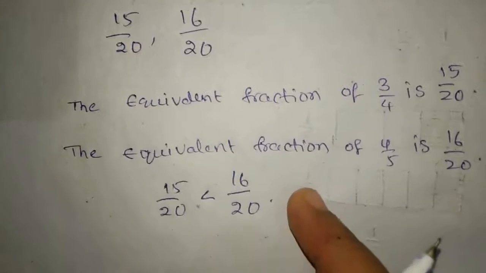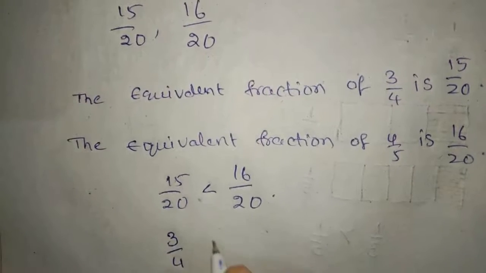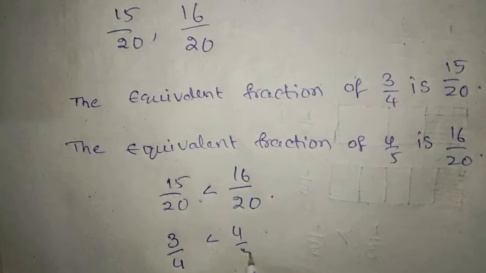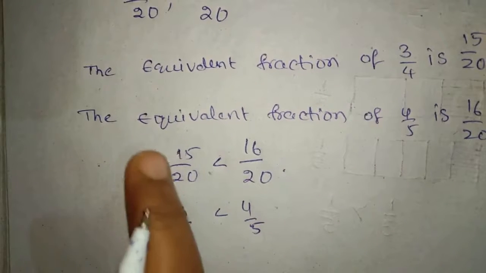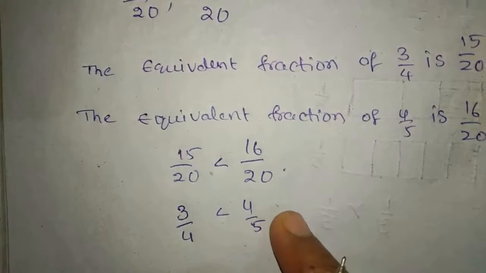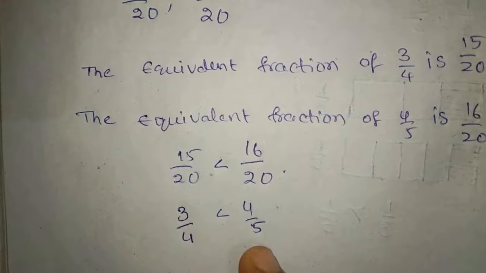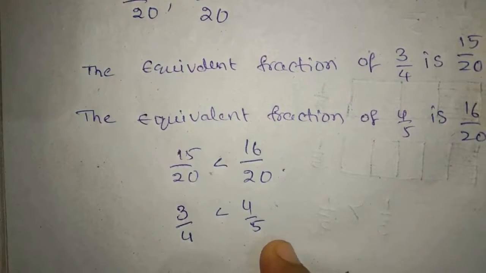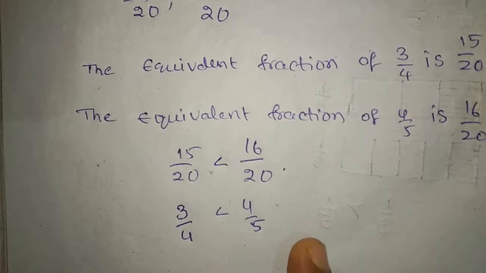And here also we can write 3 by 4 is less than 4 by 5. Why? Because these are two equivalent fractions and these are two equivalent fractions. So 3 by 4 is less than 4 by 5. Okay, so in this way, by finding the equivalent fractions of the given fractions, we can compare two fractions.